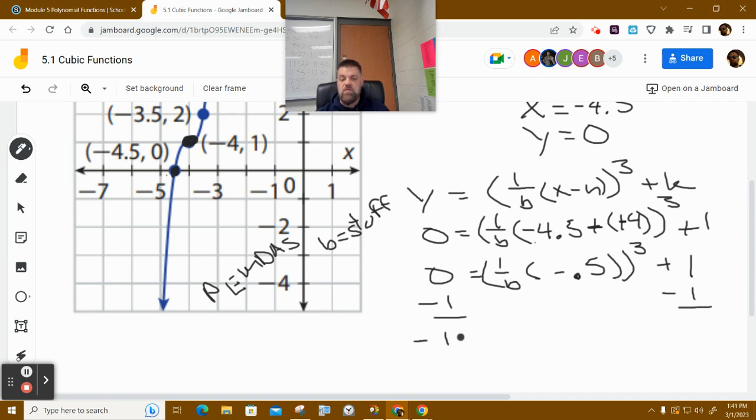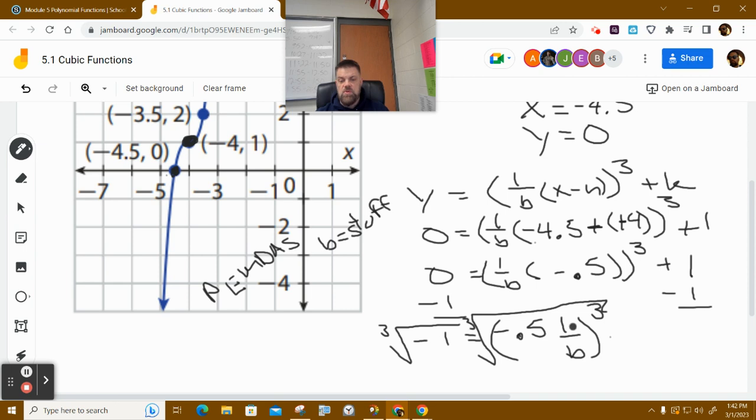So I get -1 is equal to 1 over b times the quantity -0.5 cubed. And actually, you can write it this way. This is kind of a different way to write it: negative 0.5 times 1 over b, cubed. Okay? Now, I'm going to take the cube root of both sides.